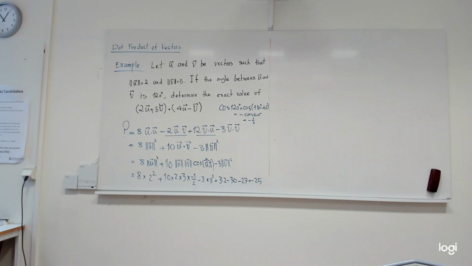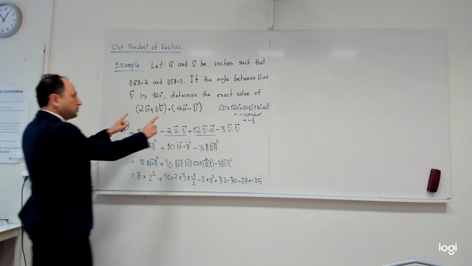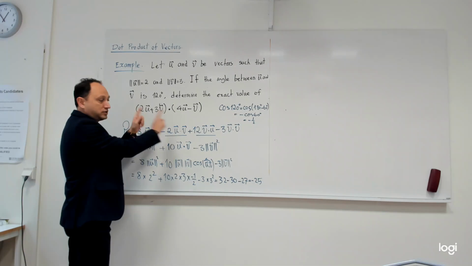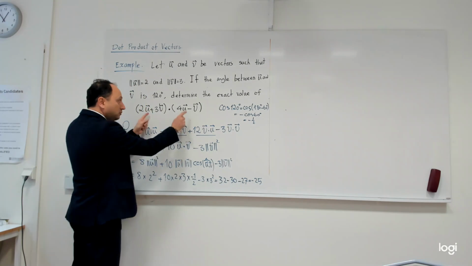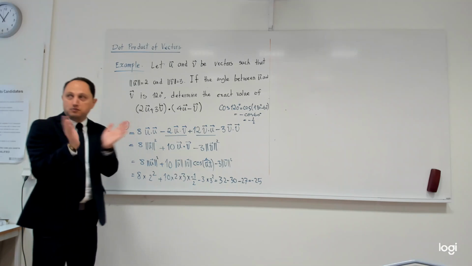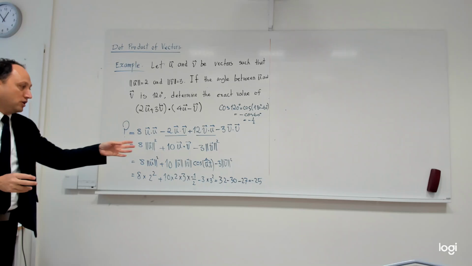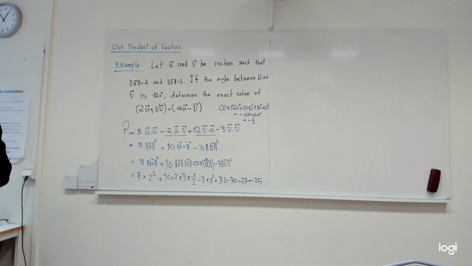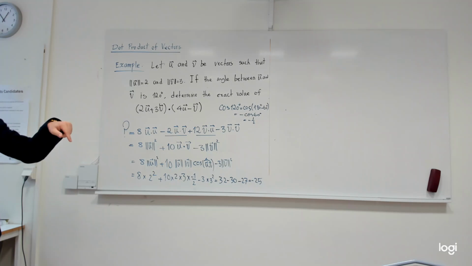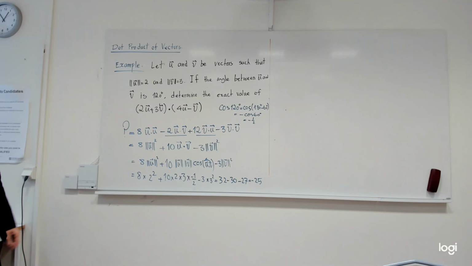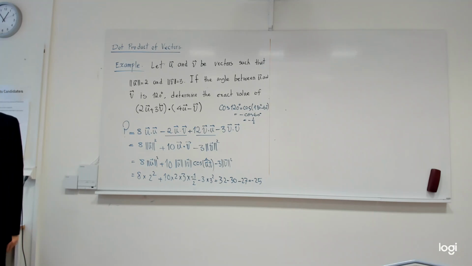It's an obtuse angle, yes? Because I told you that whenever you dot product two vectors, if the answer is negative, the angle between those vectors is bigger than 90, less than 180. If you ask me how much exactly, I don't know, but I know that this is correct. We can calculate it later, but not now, okay? So this is one question.